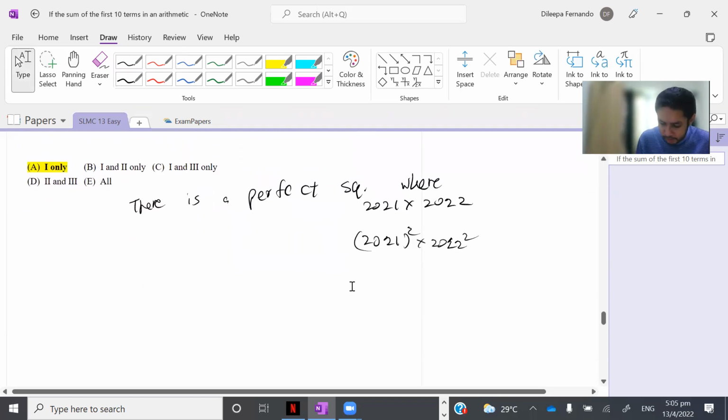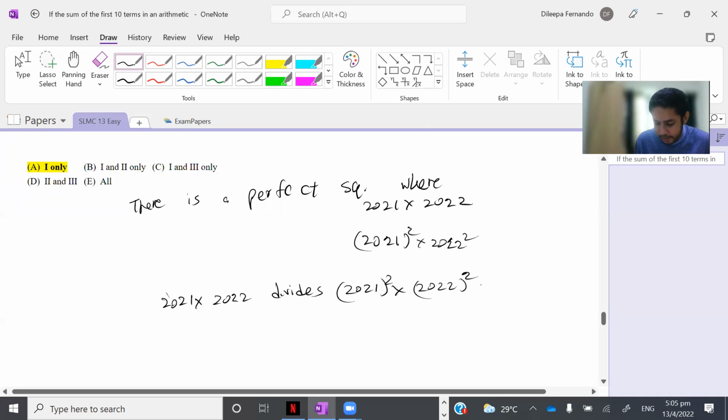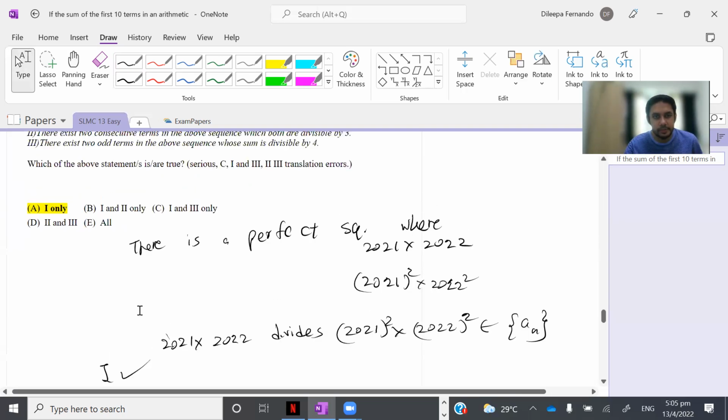So 2021 into 2022 divides 2021 squared into 2022 squared, which is in the sequence. That means the first statement is true.